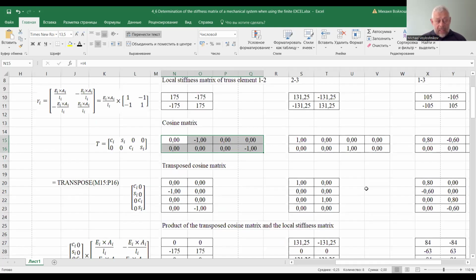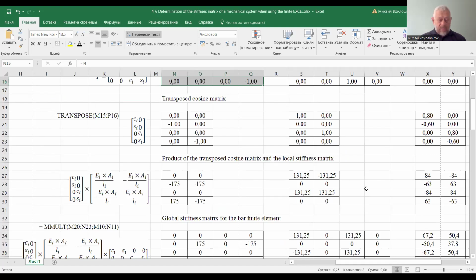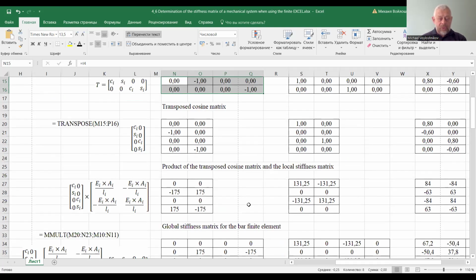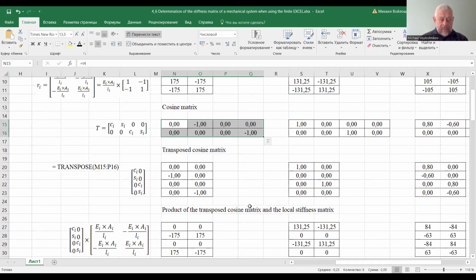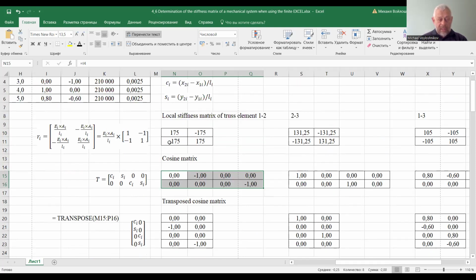After that, by two actions, we have to find the product, the transformation of the stiffness matrix from the local coordinate system to the global one. We have to do it by the product of matrices. First, we have to multiply the transposed cosine matrix by the stiffness matrix in the local coordinate system.